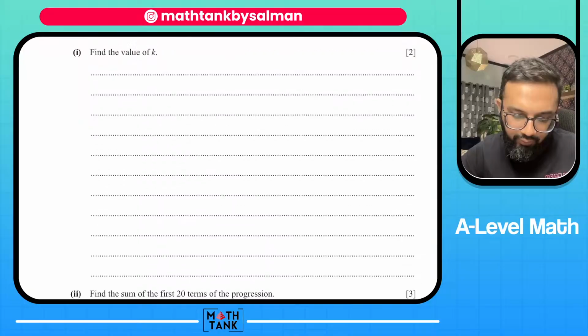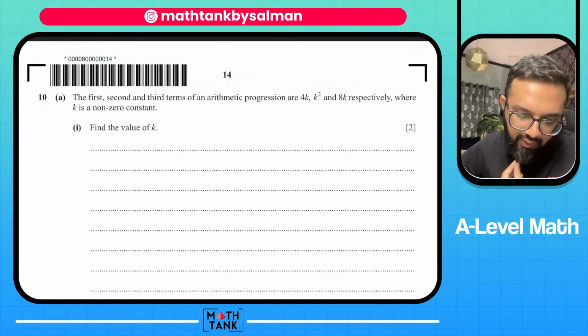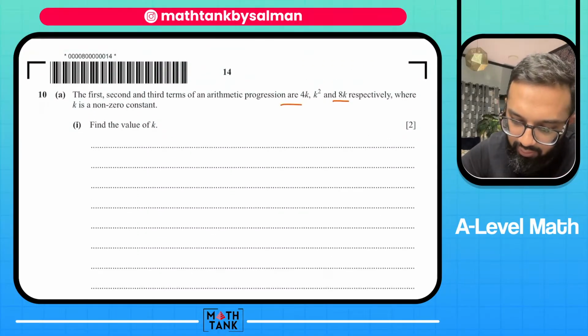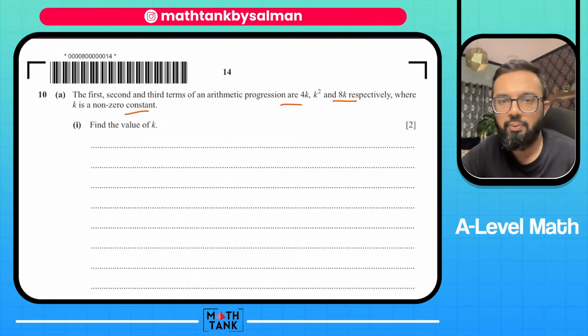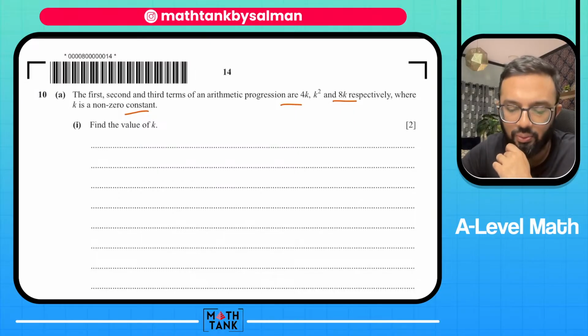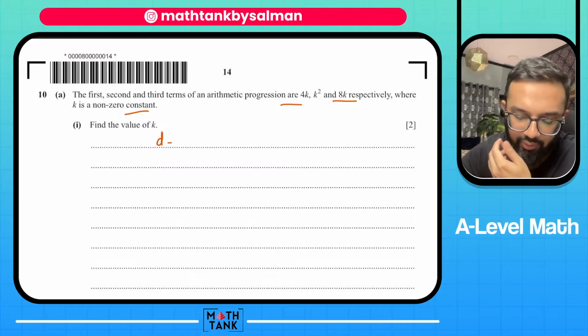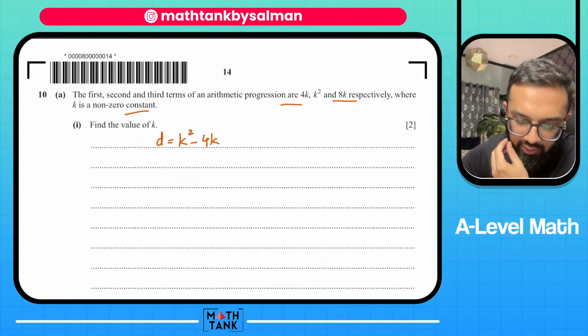We have two more questions to go. Question number 10. The first, second, and third terms of an arithmetic progression are this respectively. So whenever you have three terms in an arithmetic progression, you should come up with an idea for d, that d is basically two subsequent terms subtracted together. So d can be calculated like that, or d can also be calculated like that.